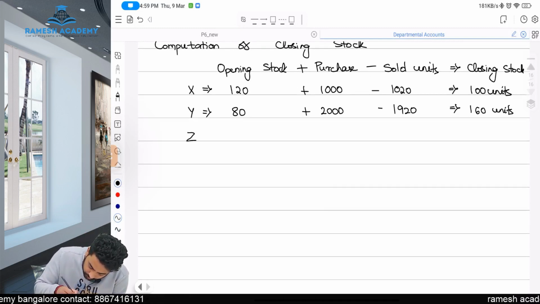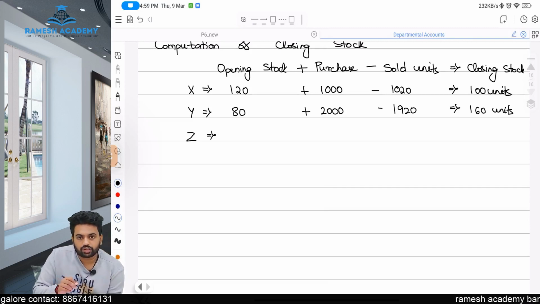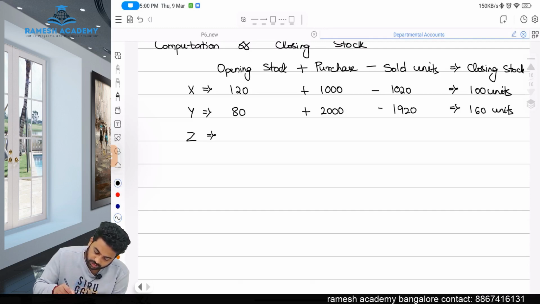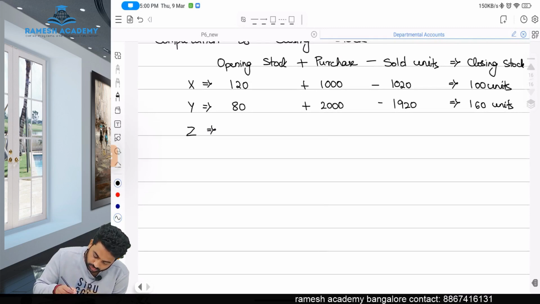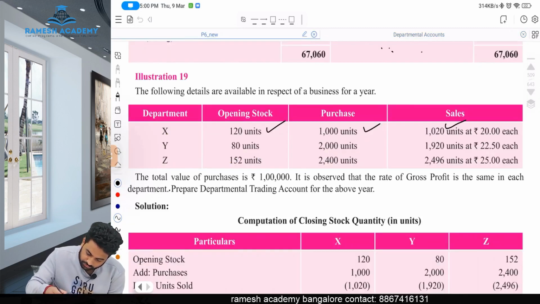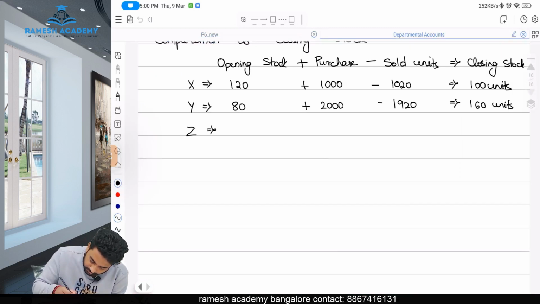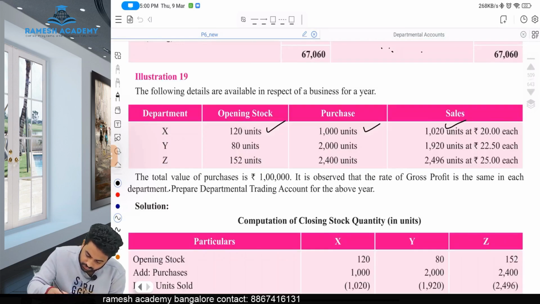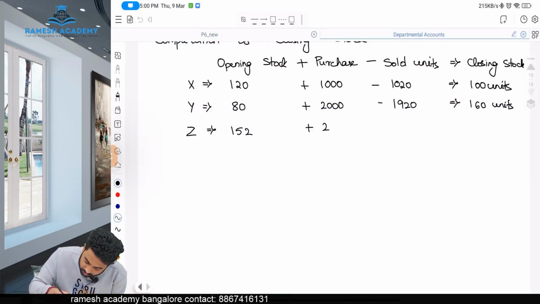Next is Z. How much was the opening stock? Opening stock was 152 units, plus how much is the purchase number of units? Purchase number of units is 2400 units.